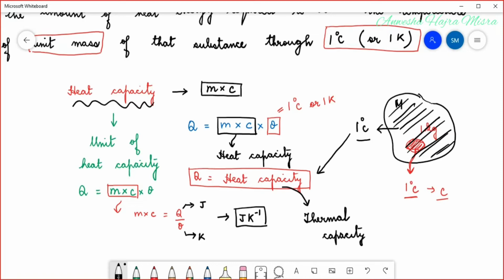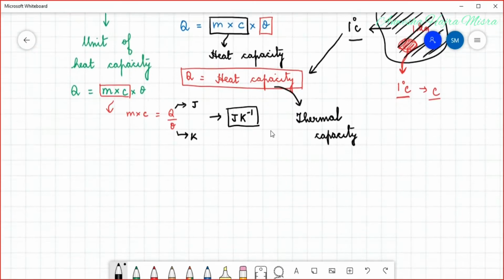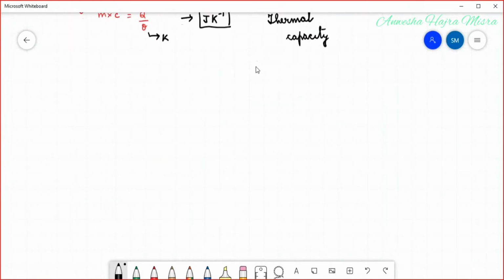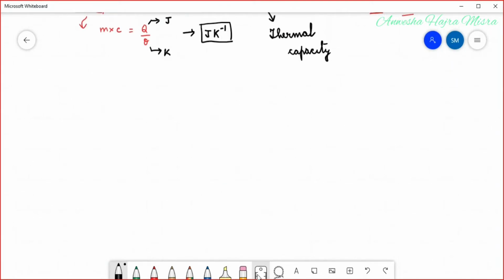Now to study this chapter, we have to know the detailed structure of a calorimeter. A calorimeter is used to study the chapter calorimetry. Now first let us look into the structure of a calorimeter.